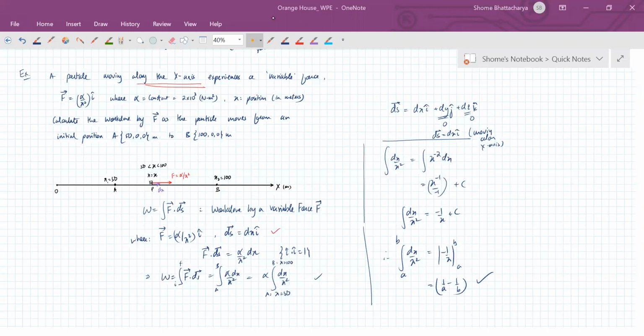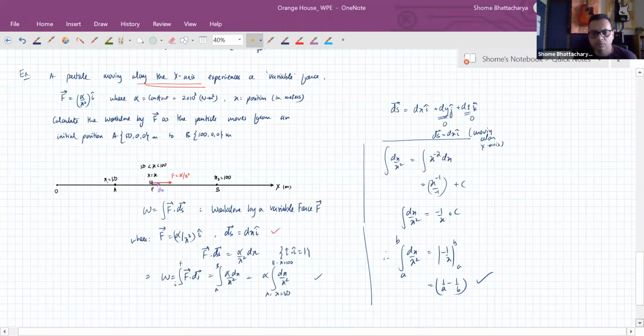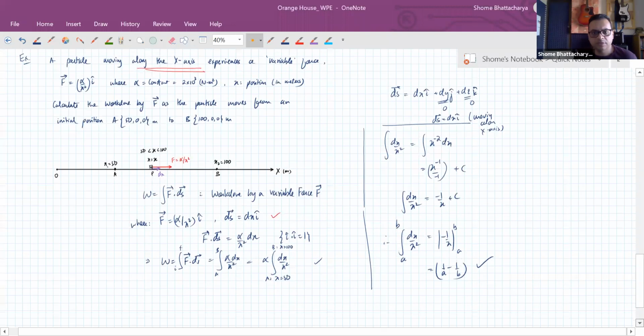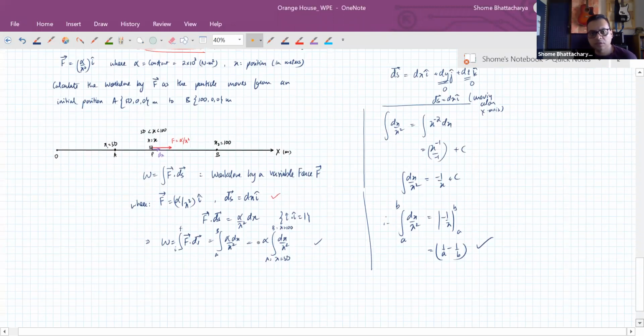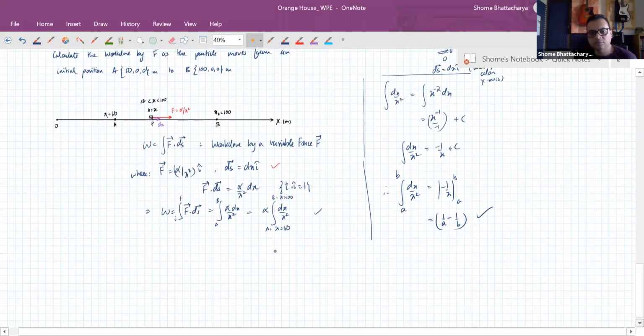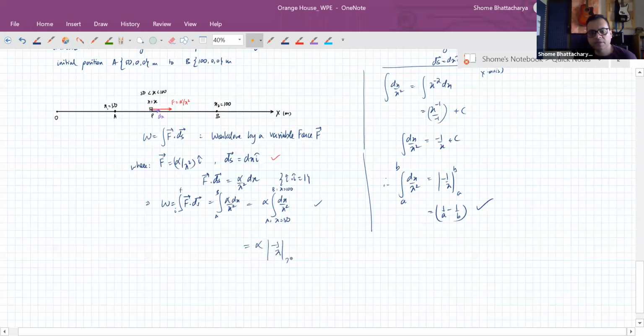Okay, so let's confirm the answer of this one. Okay, so all you have to do is substitute the values now here. So this becomes alpha into minus 1 by x from x equal to 50 to x equal to 100. So it becomes alpha whose value was 2 into 10 raised power minus 3, right?